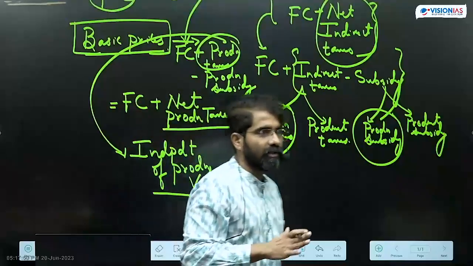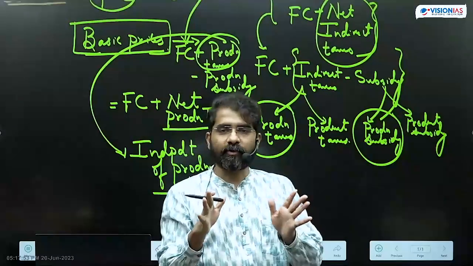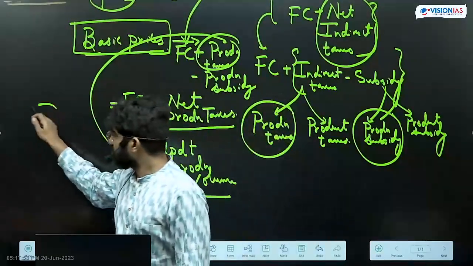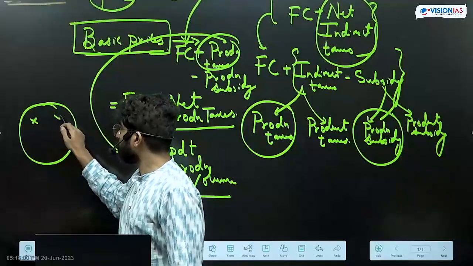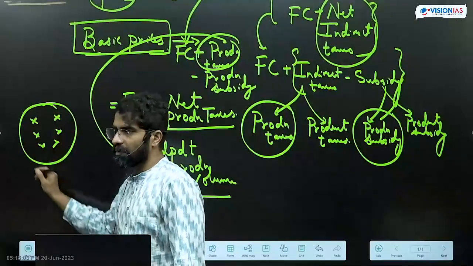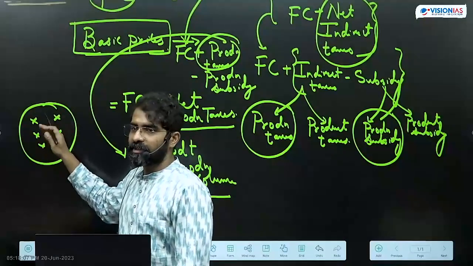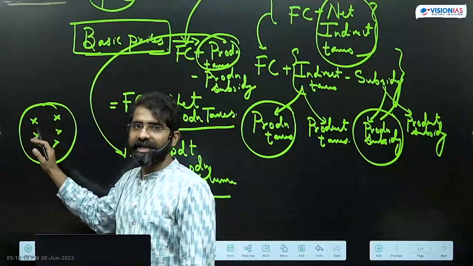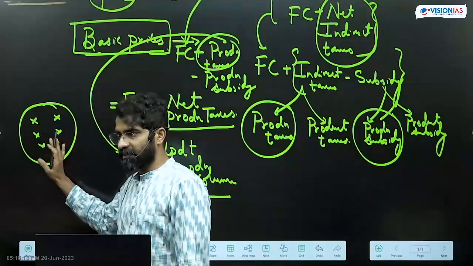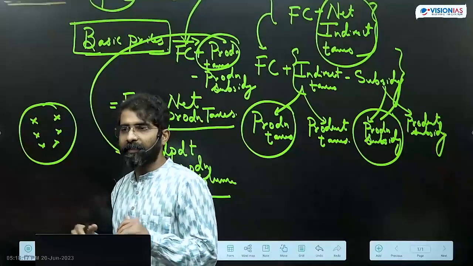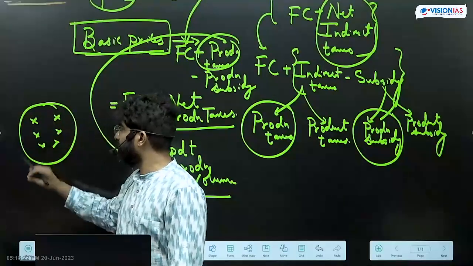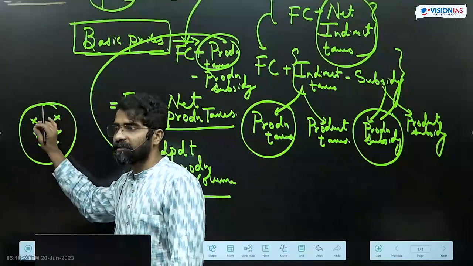For example, Ratan Tata is manufacturing Nano cars in a particular land. Ratan Tata pays some tax on the land or the land revenue. The tax on this land revenue is independent of the number of cars Ratan Tata is manufacturing. He may manufacture 100, he may manufacture 1000, but the tax on the land revenue is independent of the number of cars produced.